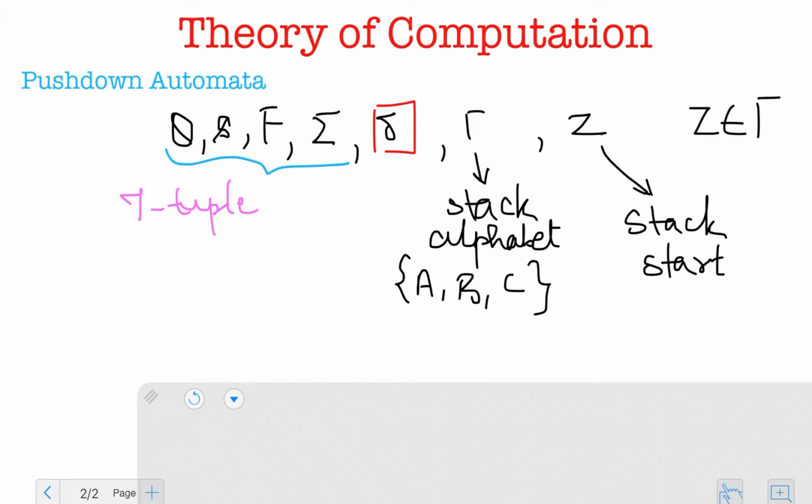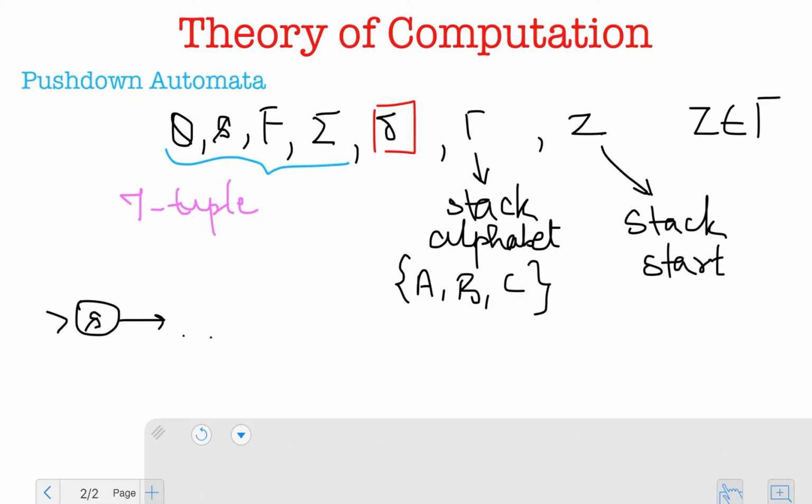These are the symbols that completely define a pushdown automaton. And one more thing before we move on to discussing delta, which is our transition function. When we start with a pushdown automaton, it's going to be with a start state, and then this is going to go to some different states.